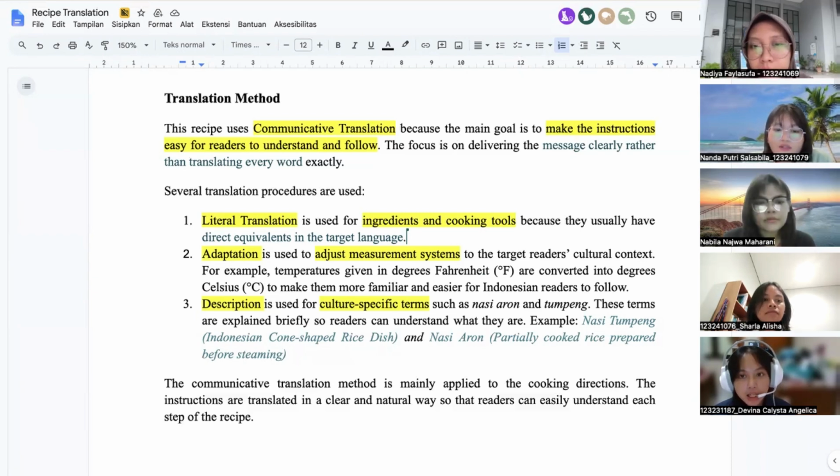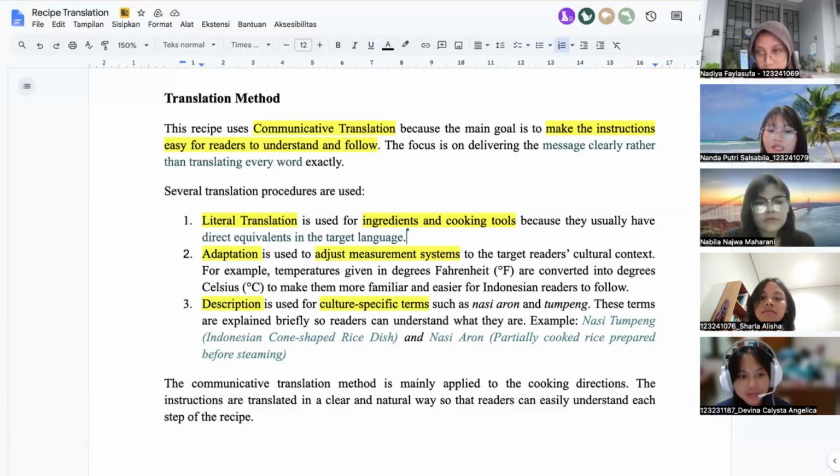And second, we also use adaptation to adjust the measurement system to the target reader's cultural context. For example, temperatures given in degrees Fahrenheit are converted into Celsius because it's more familiar and easier for Indonesian people to follow.